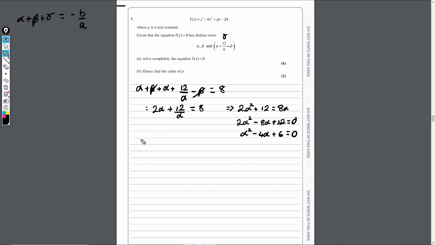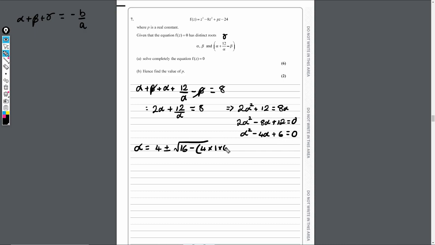So the quadratic formula, I'll write it for alpha. Alpha is equal to minus b, but minus b here would be minus 4, so that's going to be 4, plus or minus the square root of b squared, so 16, minus, all in a bracket, 4 times 1 times c, where your c is 6.